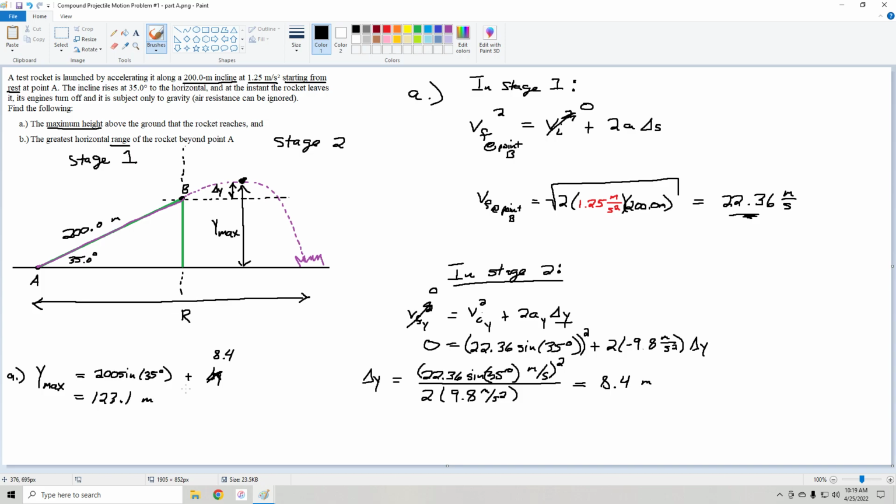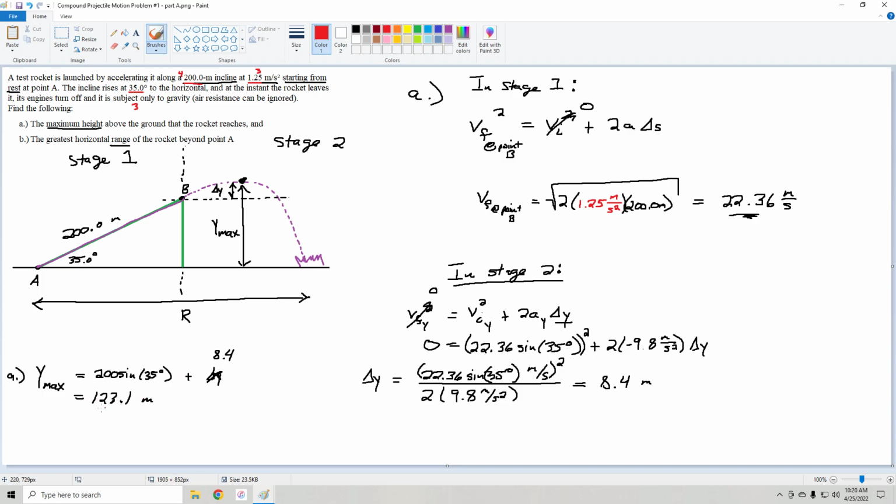123.1 meters, and we need to report this answer, the maximum height that the rocket reaches, to the smallest number of significant figures that we were given in the problem description. So here I see 4, here I see 3, here I see 3, which means we need to report it to the smallest number, which is 3.